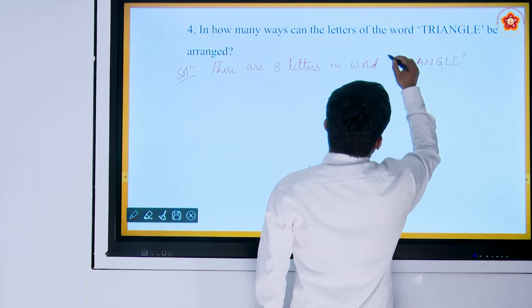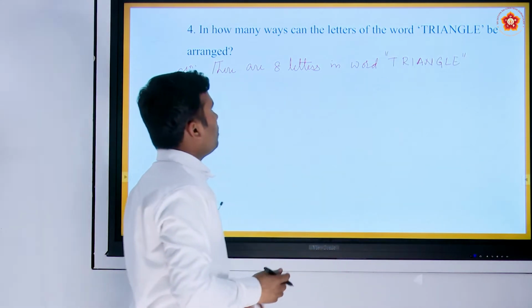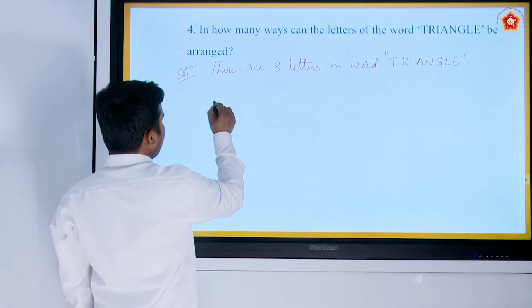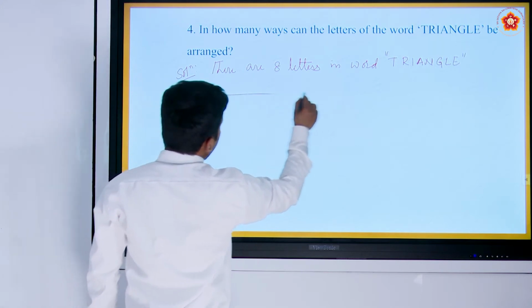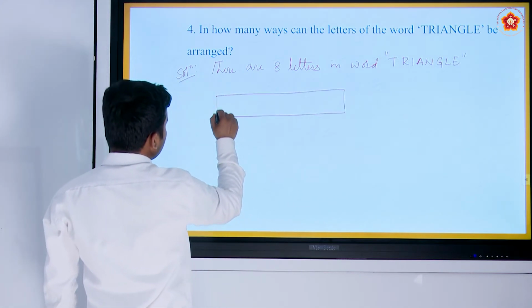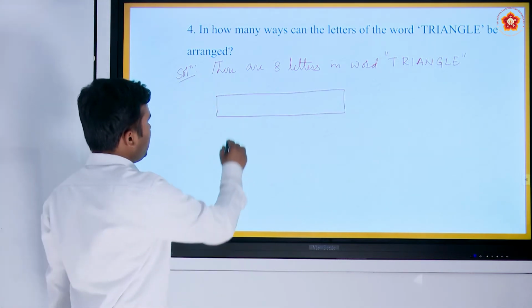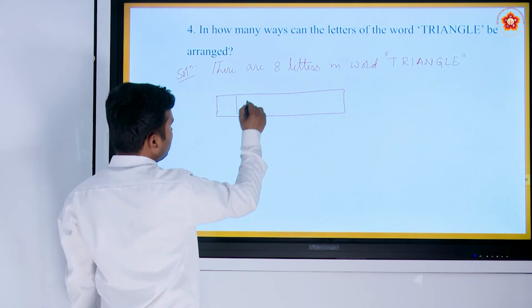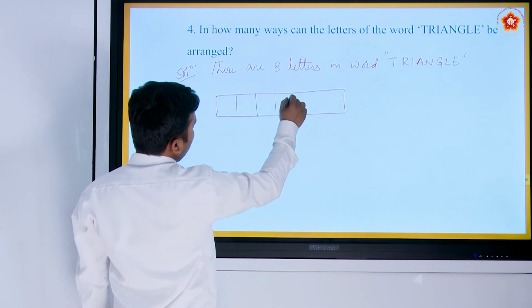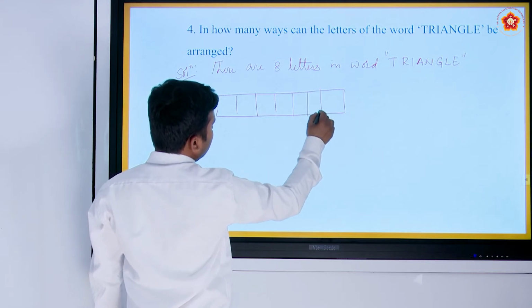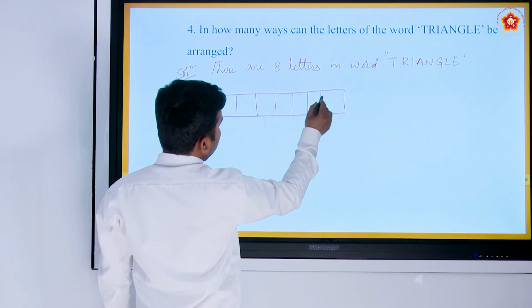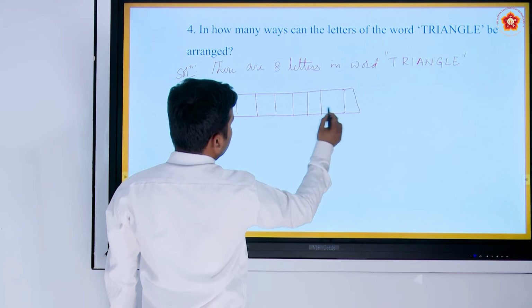Okay. So therefore, there will be 8 vacant places. Say 1, 2, 3, 4, 5, 6, 7, and 8.